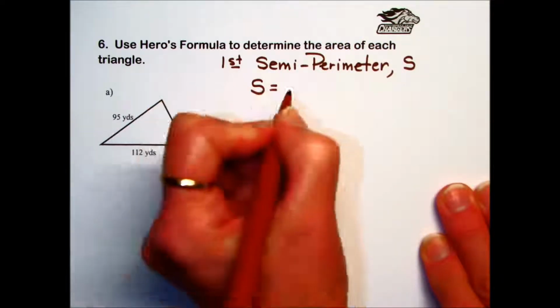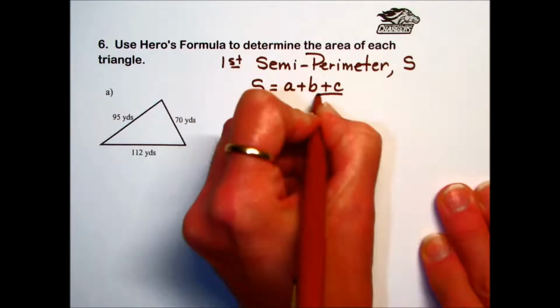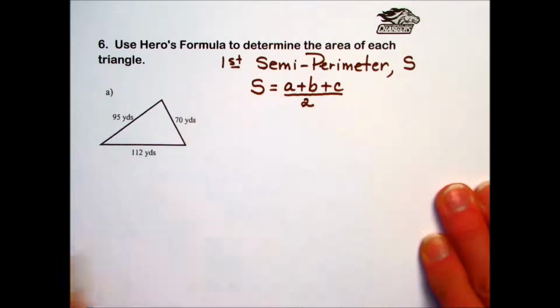The semi-perimeter, or S, is found by adding up the 3 sides and dividing that result by 2.